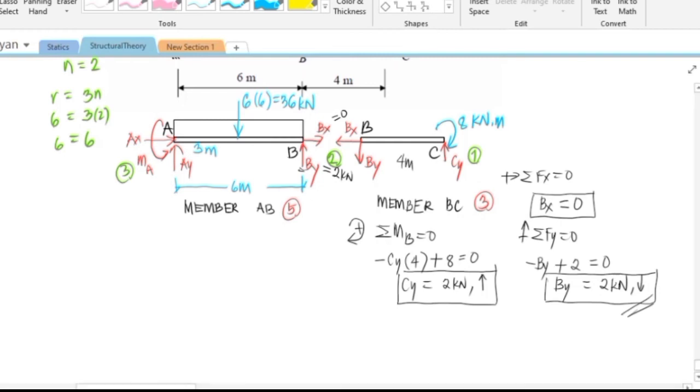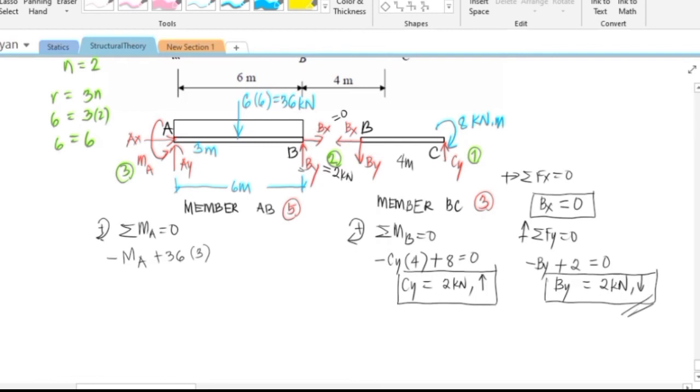So, in order for us to compute for the moment at A, we are going to summate moment at A is equal to 0, taking the clockwise direction as positive. So we assume that the moment in A is counterclockwise, so moment in A is negative. And our load na 36 kilonewton will create a clockwise rotation, so plus 36 kilonewton multiplied with the perpendicular distance, which is 3 meters.